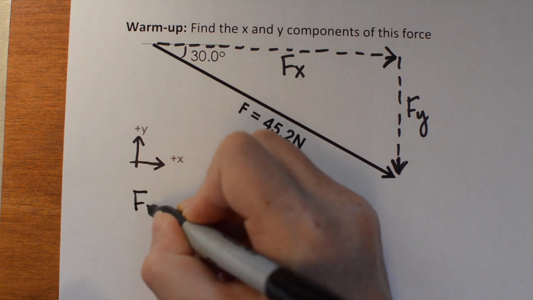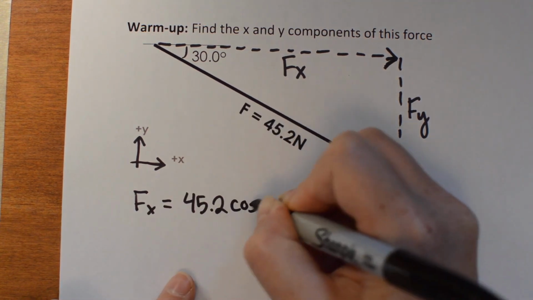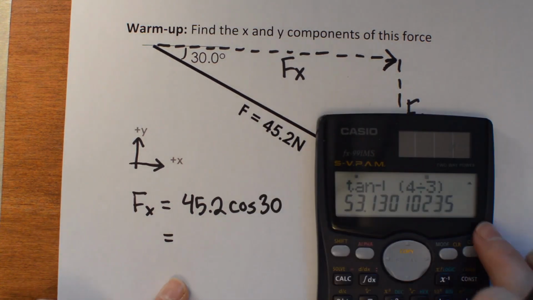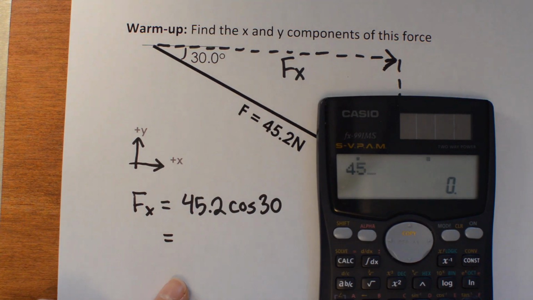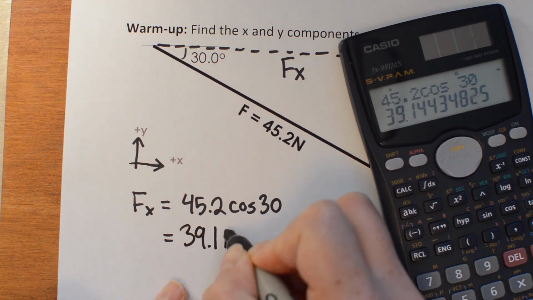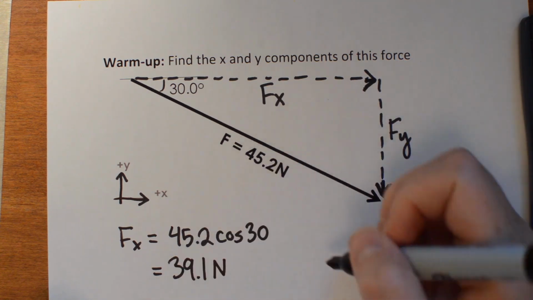So Fx is going to be 45.2 cos 30, which is 39.1. The units of that are newtons, and it's positive because my Fx is forward, so that's positive there.